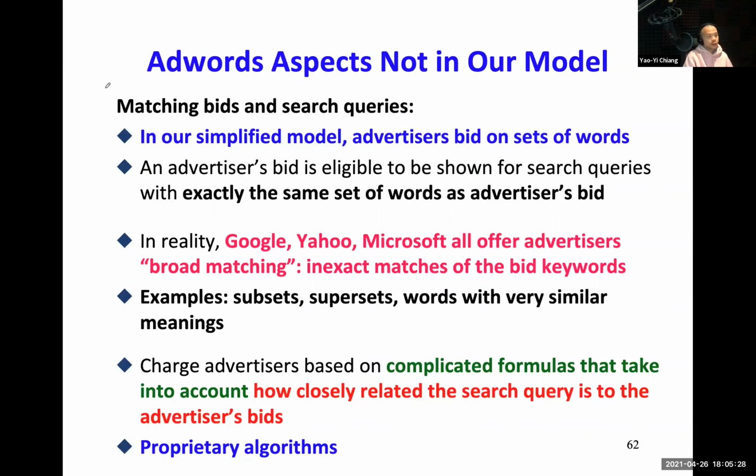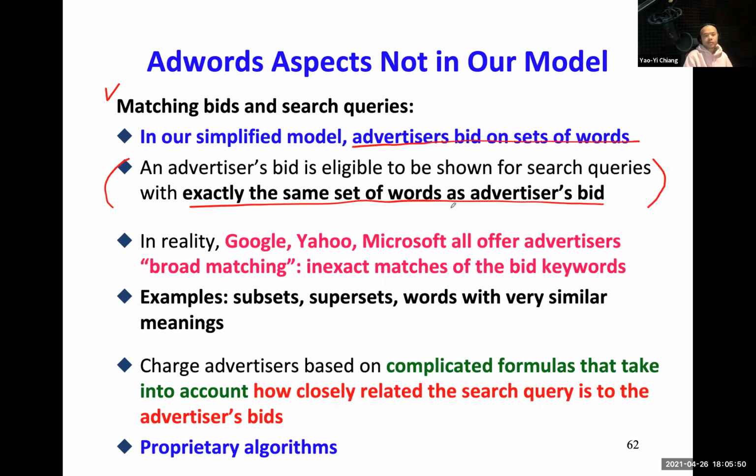So the general problem is to match bids with search queries. In our simplified model, advertisers bid on a set of words, and an advertiser's bid can be shown for search queries with exactly the same set of words, right? So we always consider either you bid on the word or you don't.